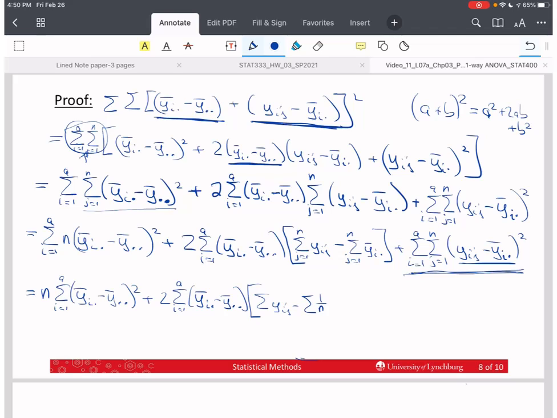No, I'm not yet, I'm sorry. So I always forget that I need to go n times yi dot bar plus the last sum, yij minus yi dot bar squared over i and j.